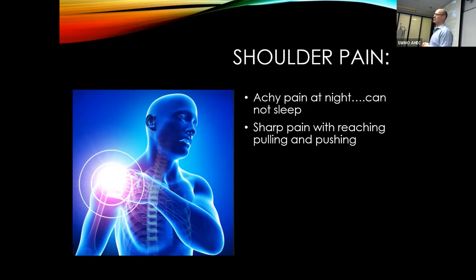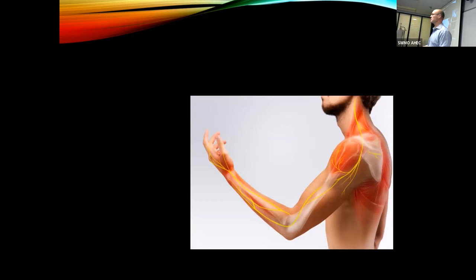There's a lot of things right there. Go ahead. There's nerves, joints, more than one joint. There's actually 3 joints right there. There's muscles and tendons. It can be anything. Shoulder pain, when you walk in and see the patient, can be anything.